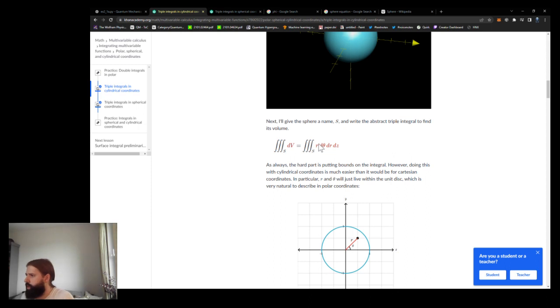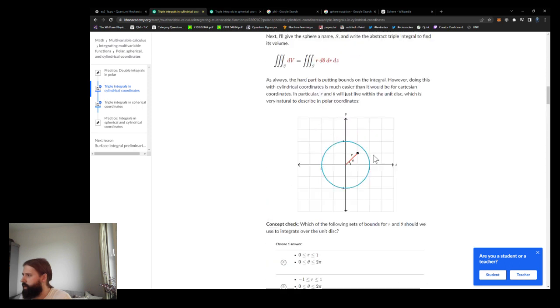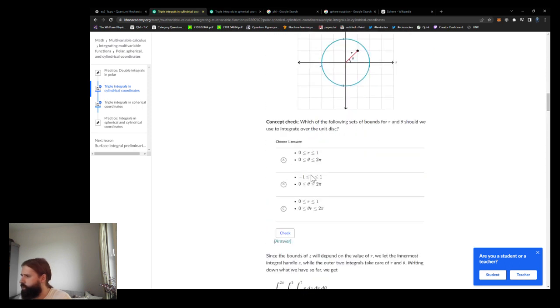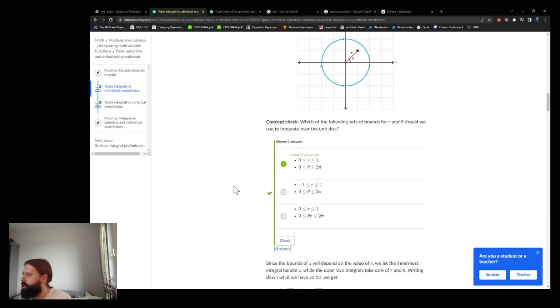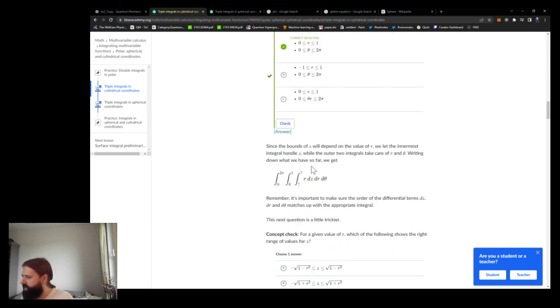But here we just have r and then theta and r and then z, right? And we know r and theta should be used to get this unit disk. Yeah, definitely 0 to 1. It's definitely that. Cool. And then z.